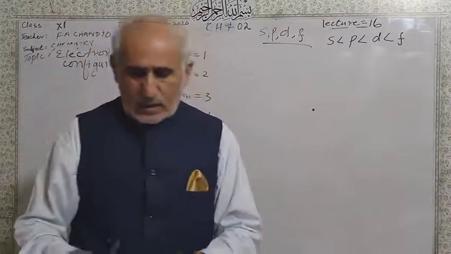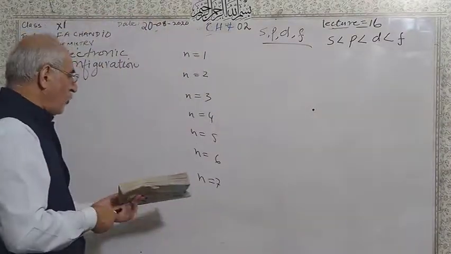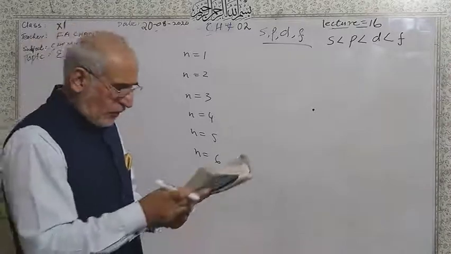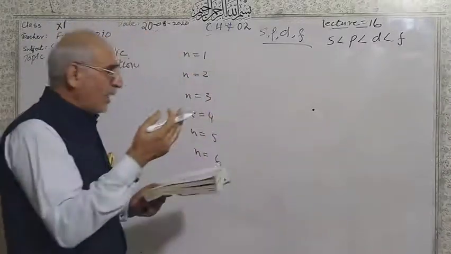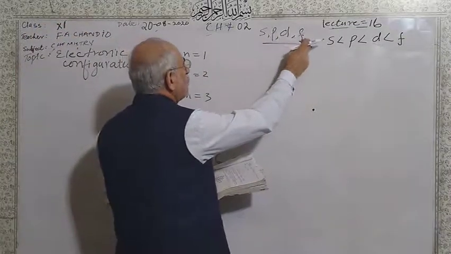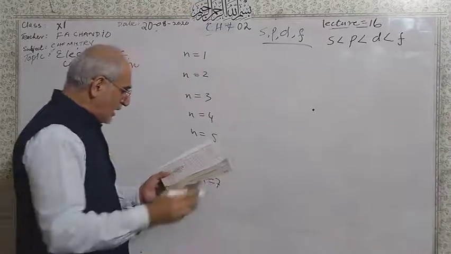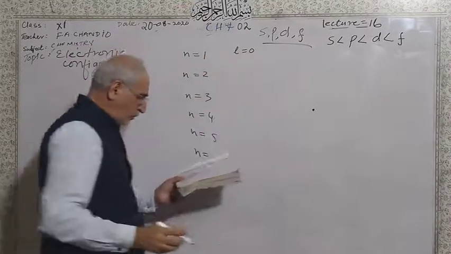This is the number of period 1, 2, 3, 4, 5, 6, or we can say the value of n. Then according to the value of l: s is 0, p is 1, d is 2, f is 3.